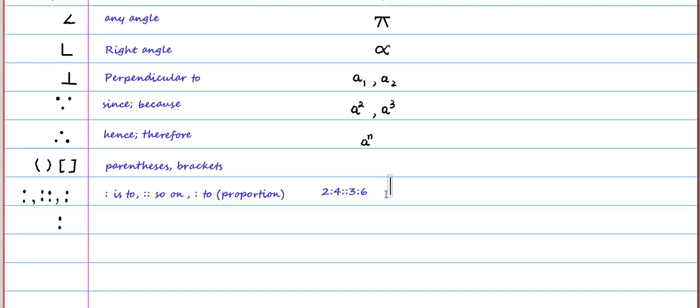This means 2 is to 4 as 3 is to 6. Got it? And the next symbol represents ratio, or it also shows division. Divided by something, right?